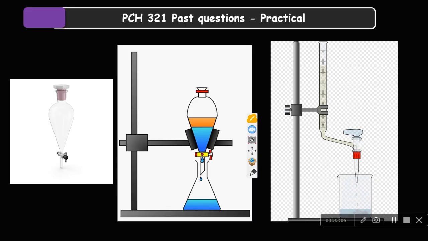And you should make sure that you mix the content of the separating funnel very well by shaking vigorously before the separation takes place. So these are some of the general precautions in the lab that you took to ensure a good practical.